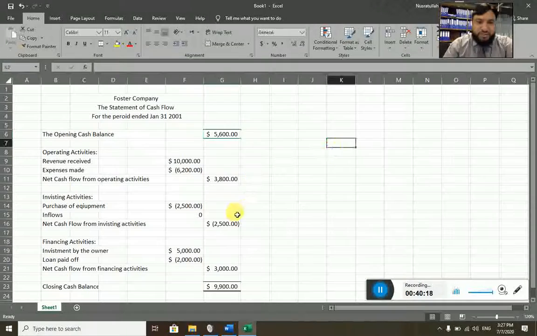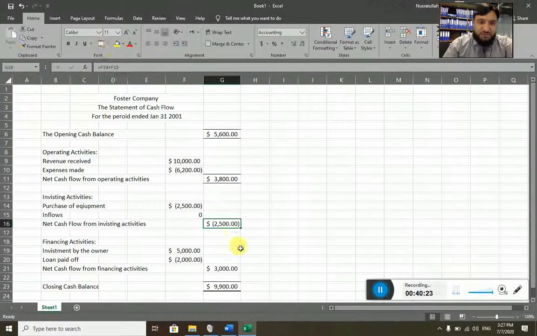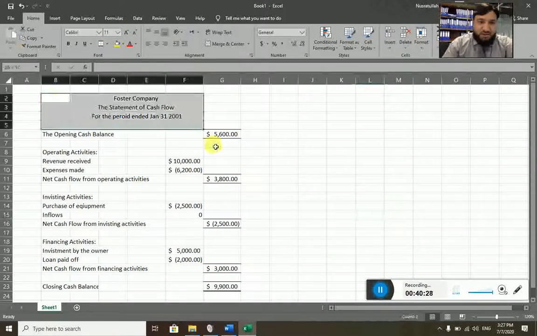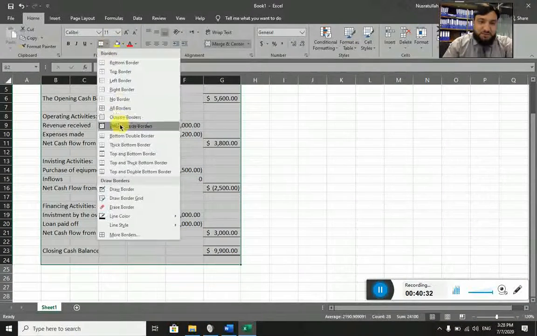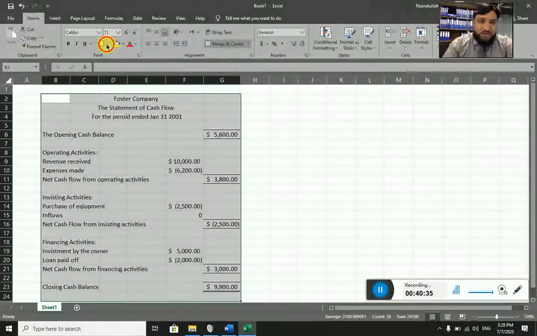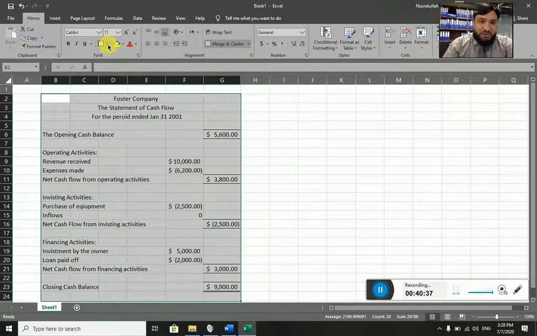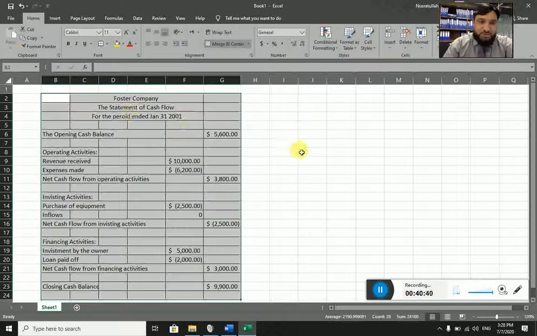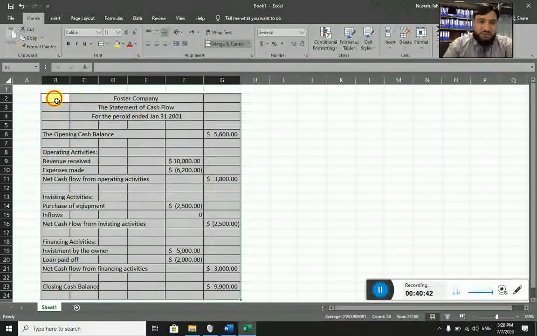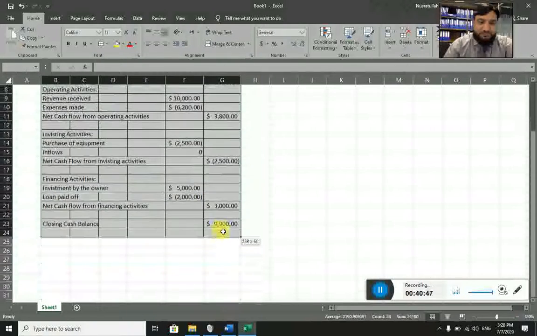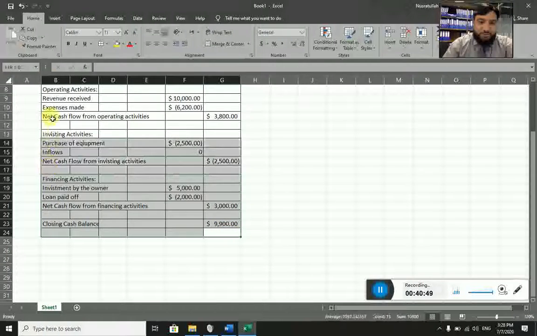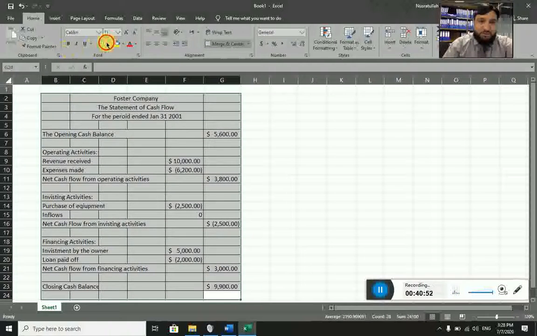Let's do formatting a bit here. These are the results, and we have the end result as a closing balance. We can format as we want, and we can also put borders like this, and then put a bold border.